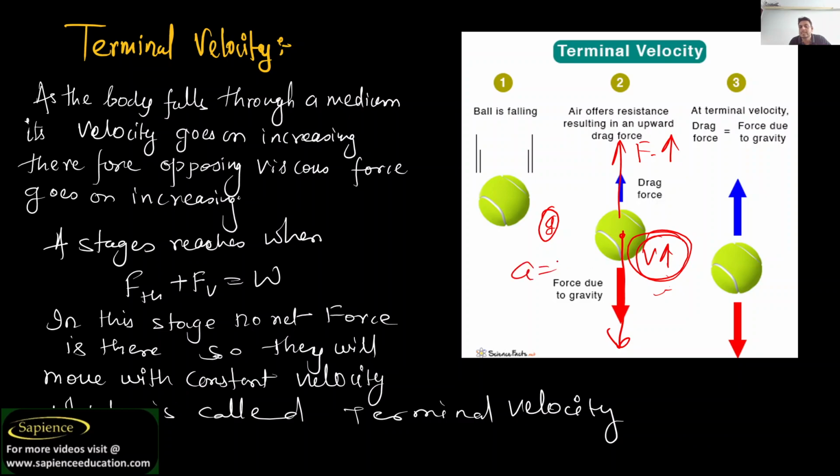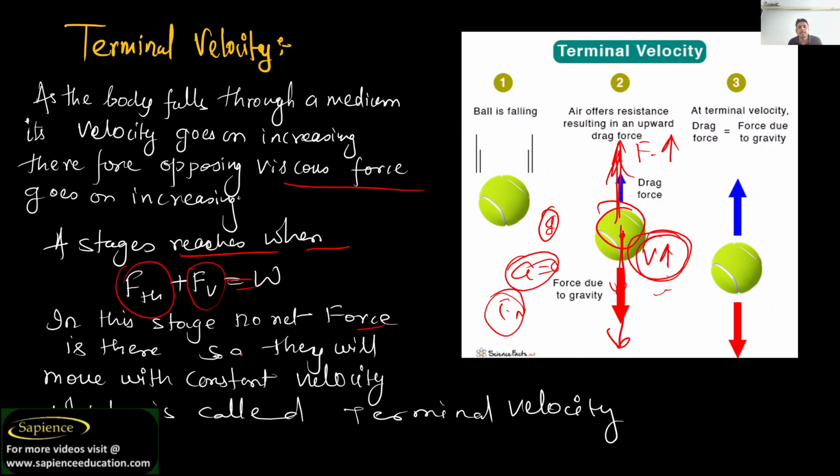That is, acceleration will become zero, or net force will be zero, because the force due to viscosity and the force due to gravity both become equal. At this stage, F V plus F D is equal to W, no net force is acting, and the body will move with a constant velocity, which is known as terminal velocity.